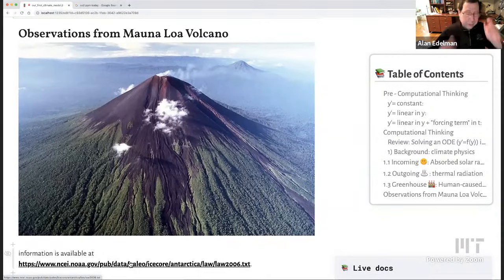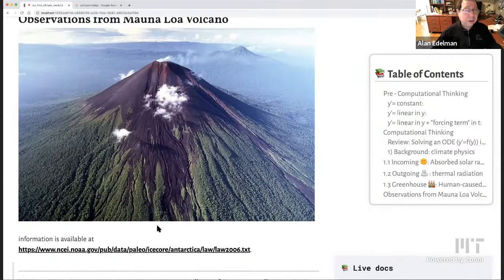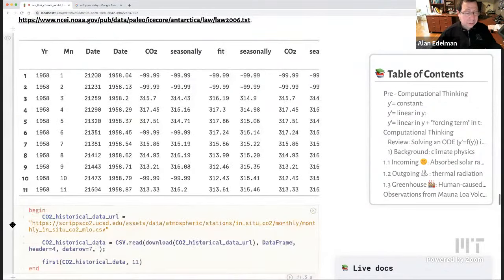I'm not quite sure why they put it there, though. If I had to take a guess, you'd think they'd probably want to know what's going on with the volcano in terms of carbon dioxide. So maybe they just have readings even when the volcano is not active. I'm not sure, but anyway, they have an observation center over there in Mauna Loa.